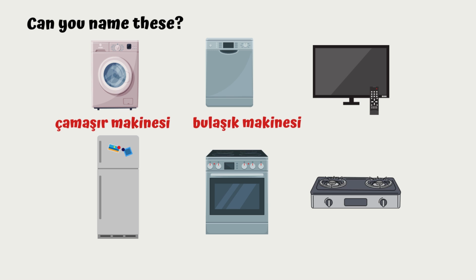So you're saying machine for clothes, machine for dishes. And next one, televizyon. Buzdolabı. Buz means ice, dolap means cupboard, so you're saying cupboard for ice. Fırın.